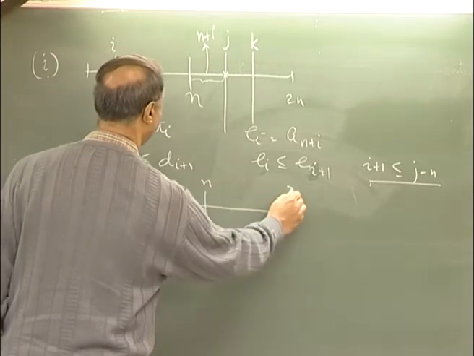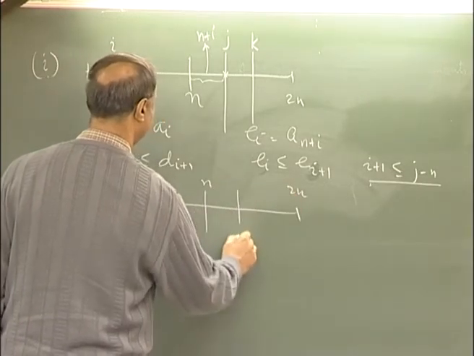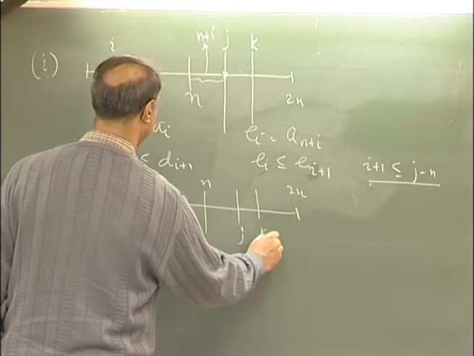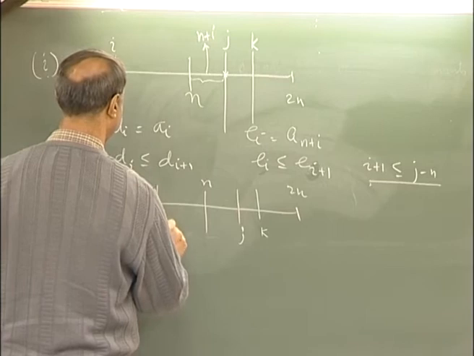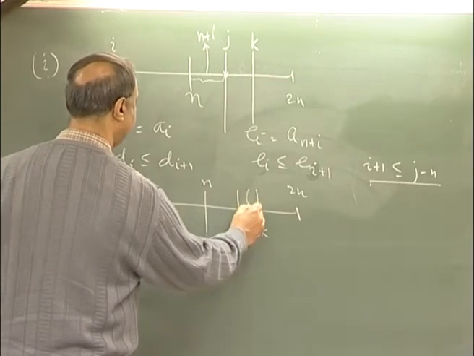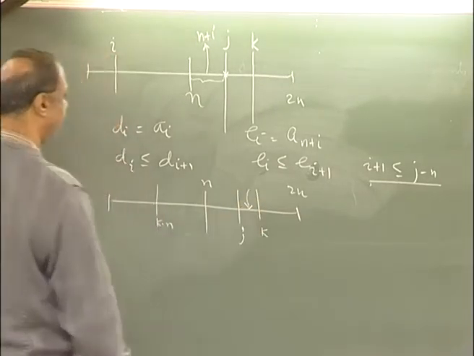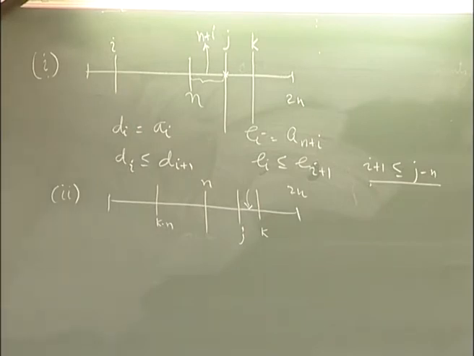N to N. This is your J, this is your K, and this is your K minus N, and N plus i is lying here.